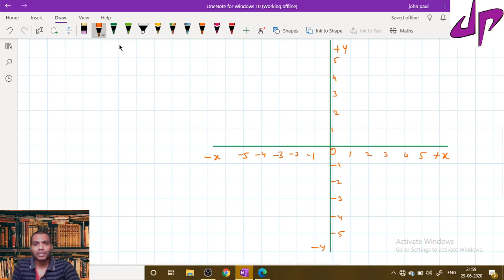This technique was given by Cartesian, so with his name we call it the Cartesian sign convention.